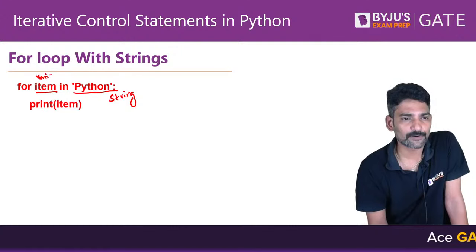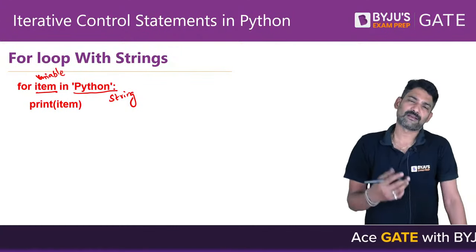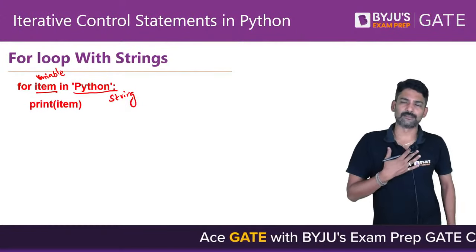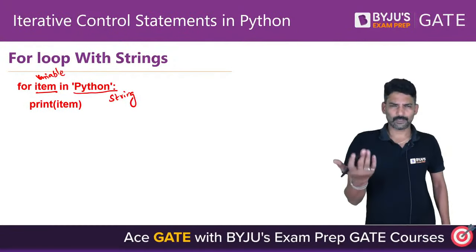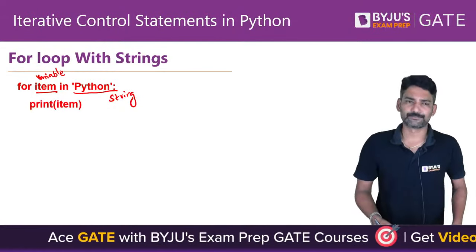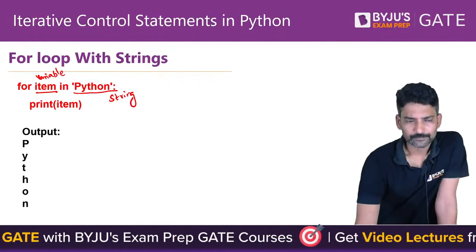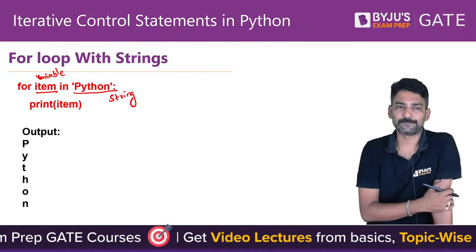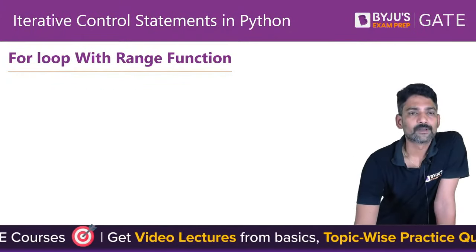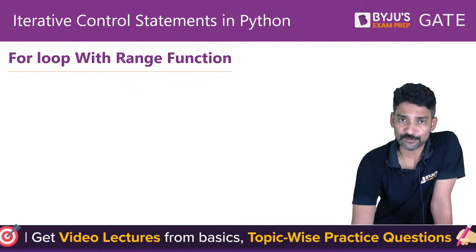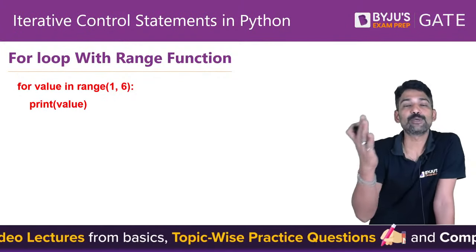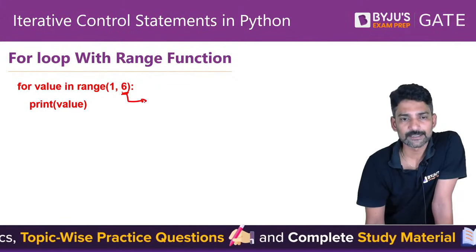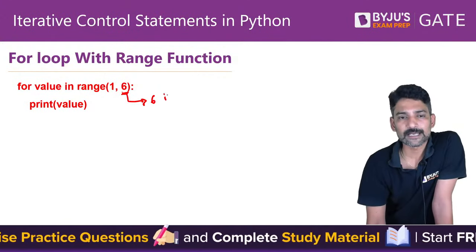So instead of item you can use any variable name, like for I, for J, for Satya, for letter, anything, print the item. So what gets printed? Python, all gets printed. Similarly, I can use for loop with the range function, for value in the range of 1 to 6, and we have also discussed this earlier. This 6 is exclusive.